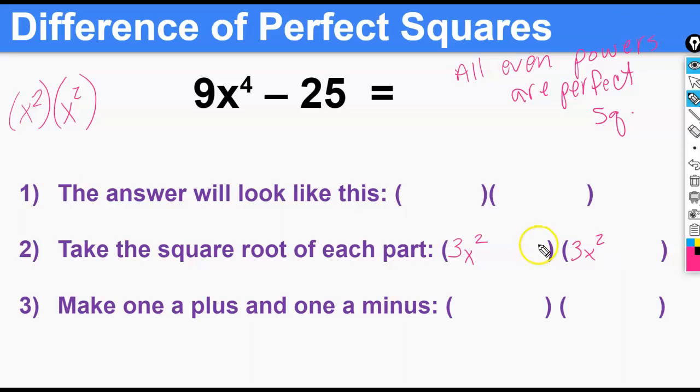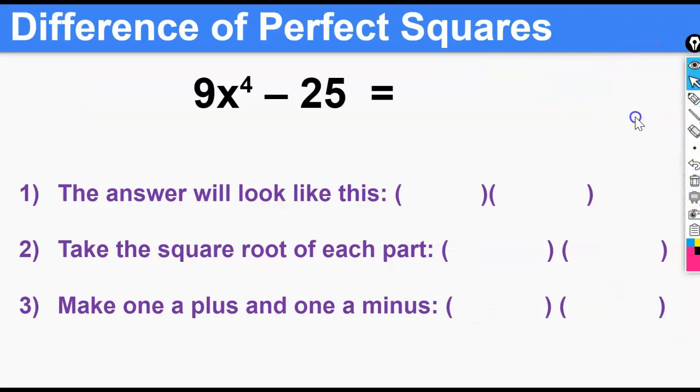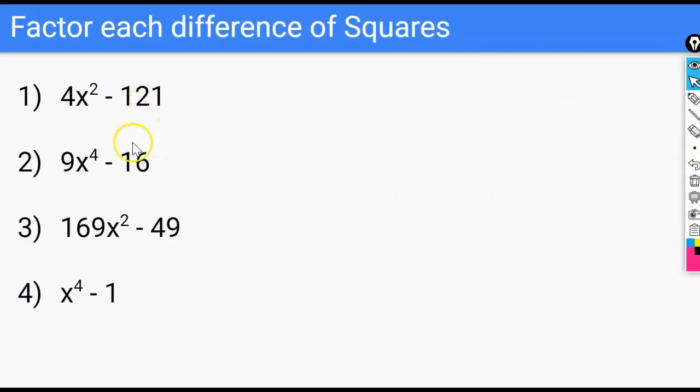The square root of 25 would be 5, and so I end up with 3x squared and 5, and then I'm going to want to make one the plus and one the minus. And so that is what I get when I factor 9x to the 4th minus 25. So again, here are some for you to practice. I want you to pause the video and factor these and then check your answers.